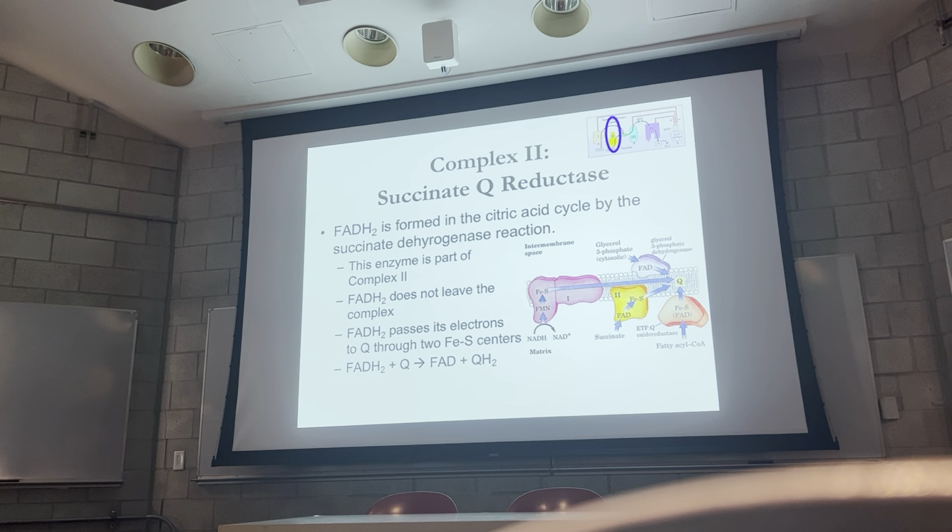Not only that though, the Q cycle will also result in the depletion of 2 protons from the mitochondrial matrix to help form QH2 in the second half of the Q cycle.